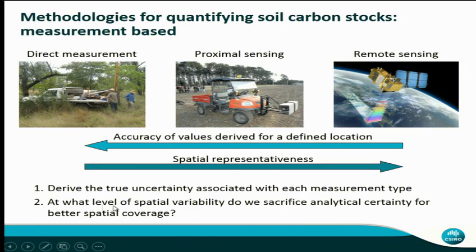And the second thing is, once we know that uncertainty, at what level does spatial variability tell us we need to jump to a less certain method? So where do we sacrifice analytical certainty to get complete spatial coverage? And there's got to be an optimum where those things are going to cross over. We don't know that yet because we haven't even defined all the uncertainties associated with these methods.